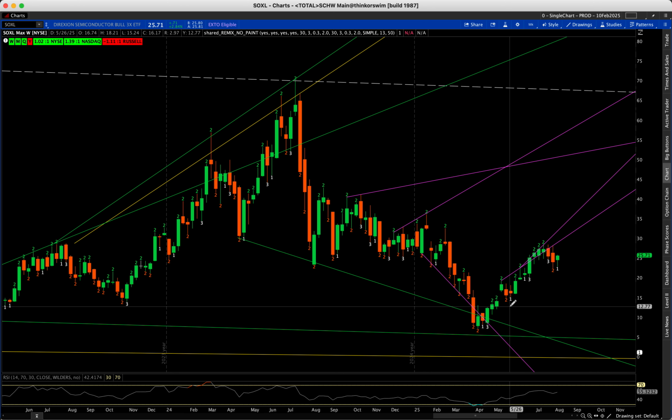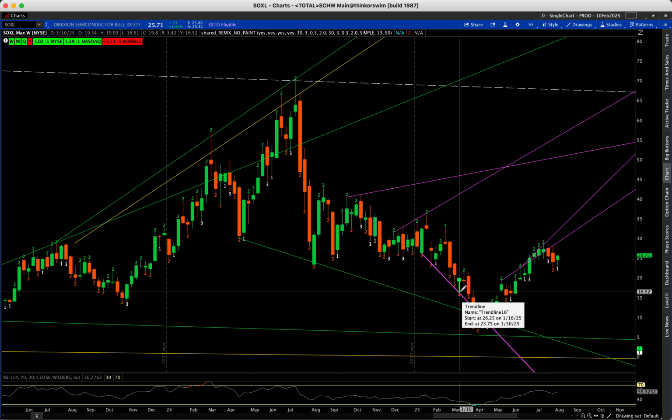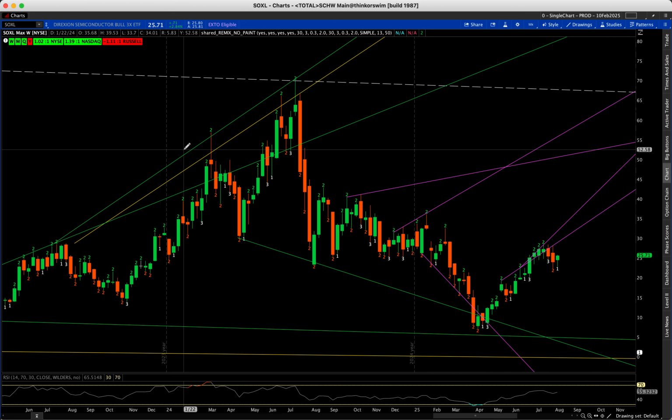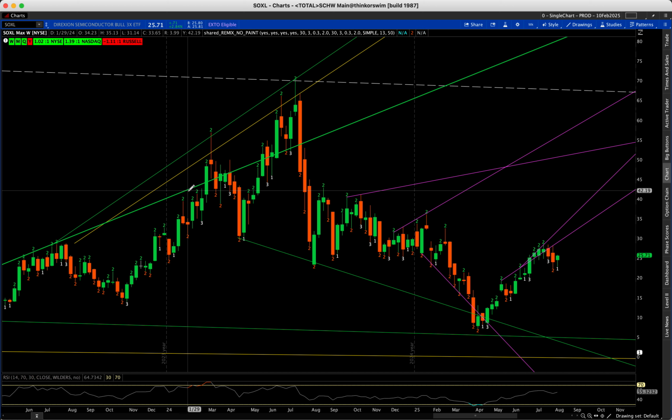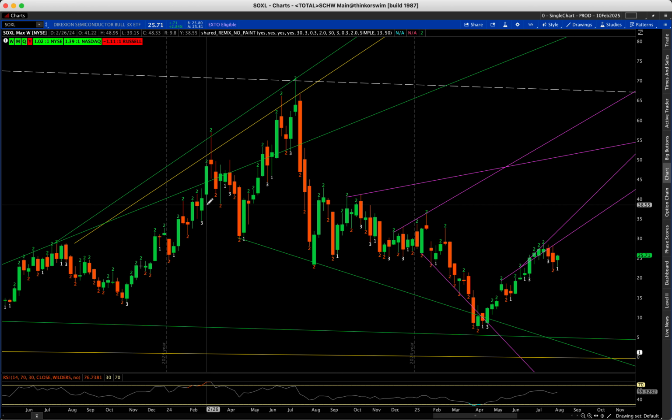So having these broadening formations gives you a sense of, okay, this is where I need to start looking at my position, if I've got contracts or shares, and say, do I need to set a stop, right? Are we at a threat for a reversal? Do I want to add more?